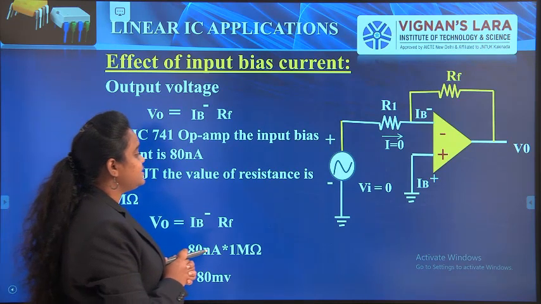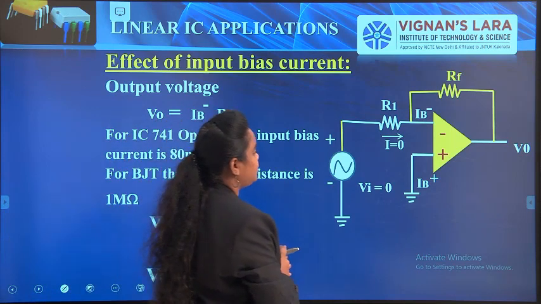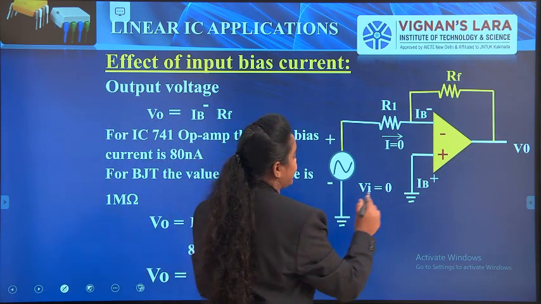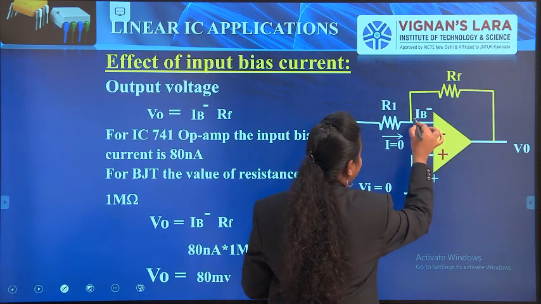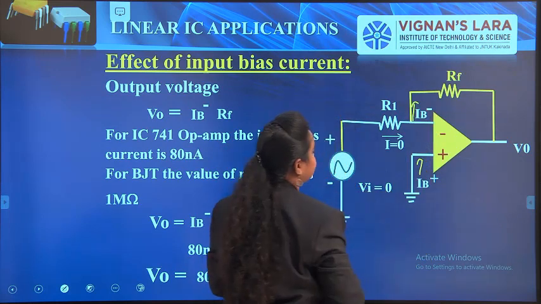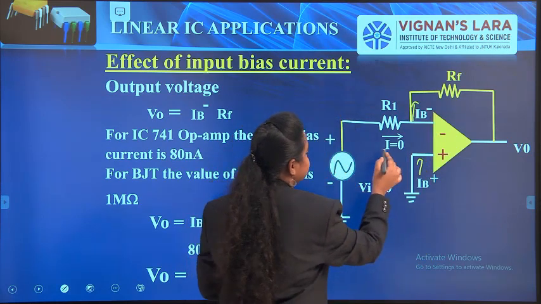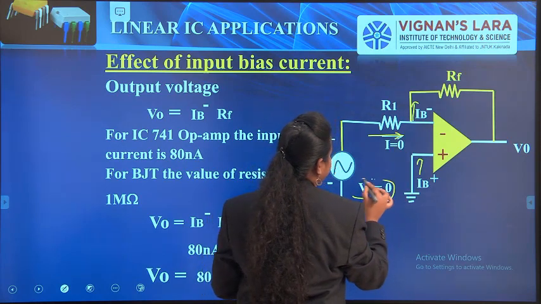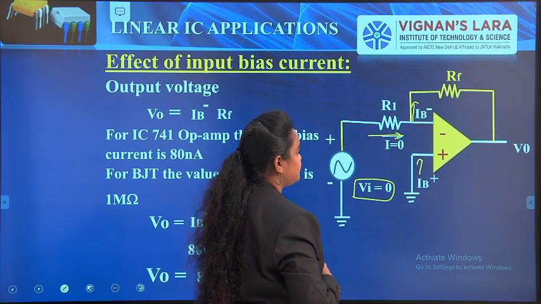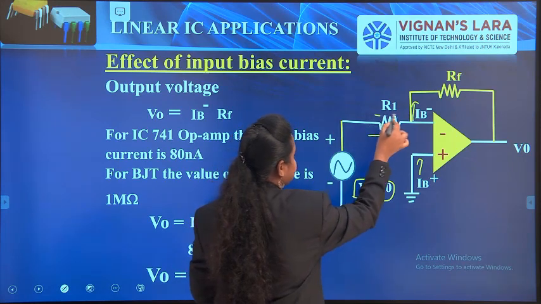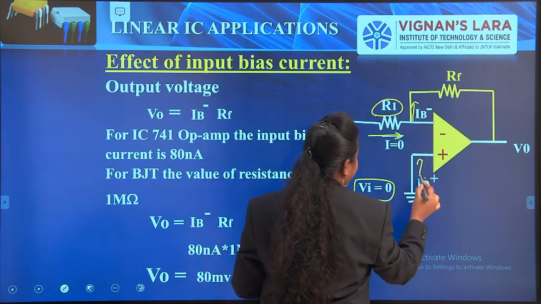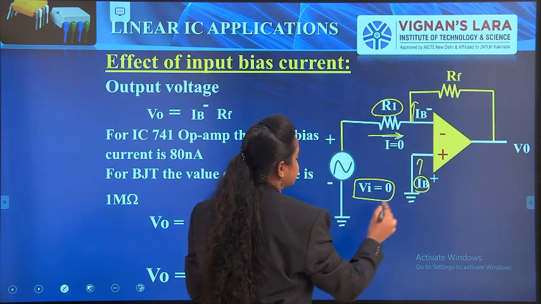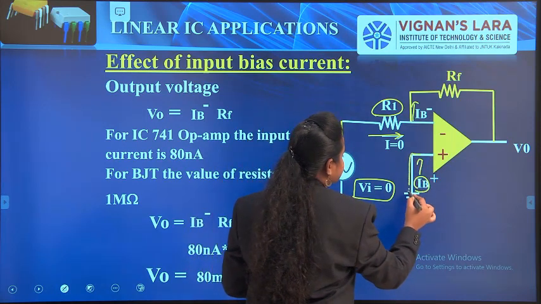So in the op-amp circuit, IB minus and IB plus are the currents flowing along these, and I is the current flowing through this direction. VA is the input voltage. VA is equal to 0. R1 is the resistor and IB is the current flowing through this. The non-inverting terminal is taken as ground.